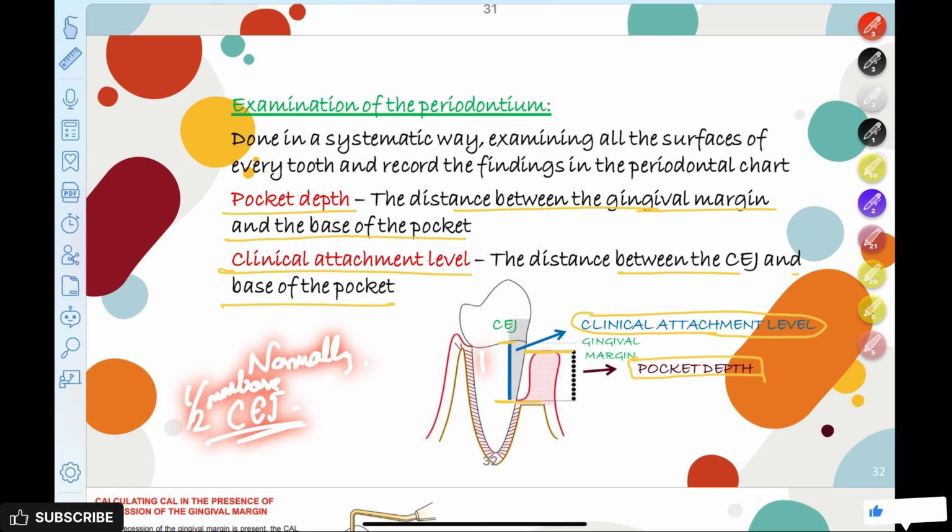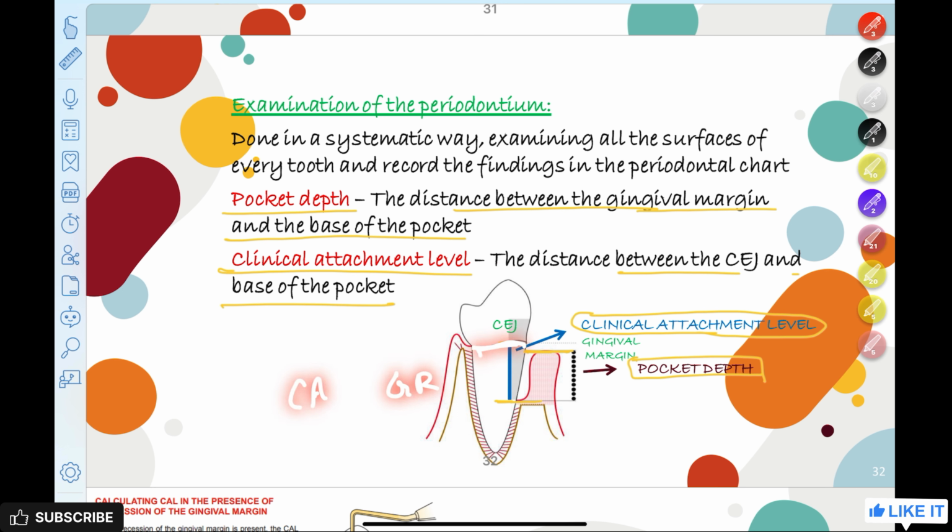If it is below the CEJ, it is known as gingival recession. If it is above the CEJ, it is known as gingival enlargement, which can be caused by drugs like phenytoin. And gingival recession may have many reasons.